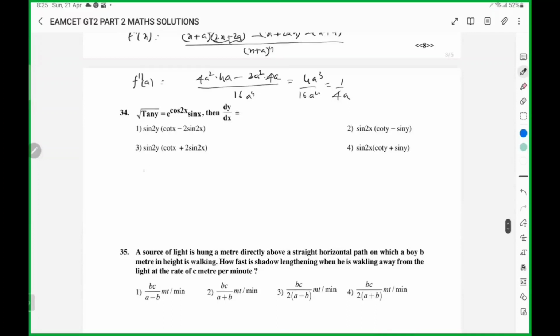Here if you differentiate with respect to x, we get secant square y dy by dx, which is e power cos 2x into cos x plus sin x, e power cos 2x into the derivative of cos 2x, minus sin 2x into 2.